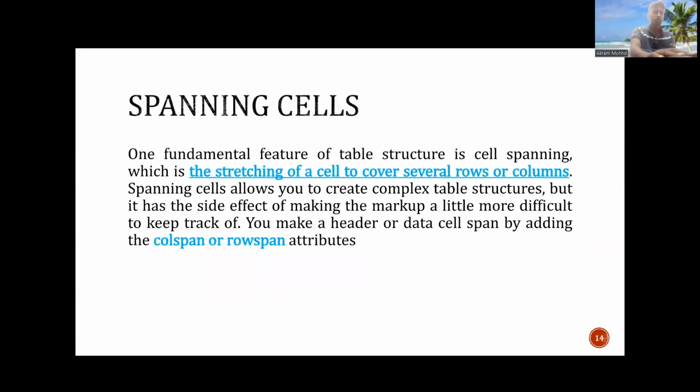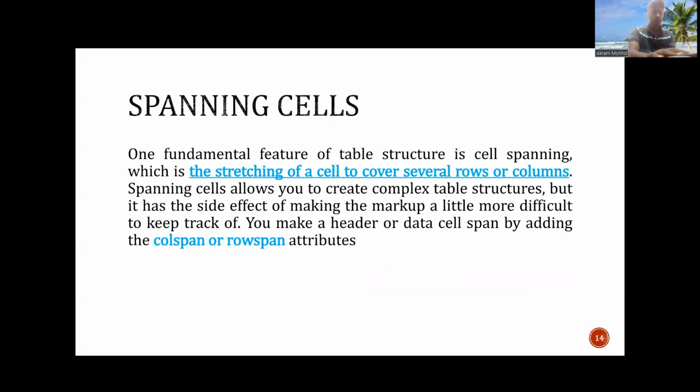Spanning cells. One fundamental feature of table structure is cell spanning, which is the stretching of a cell to cover several rows or columns. Spanning cells allow you to create complex table structures, but it has the side effect of making the markup a little more difficult to keep track of.